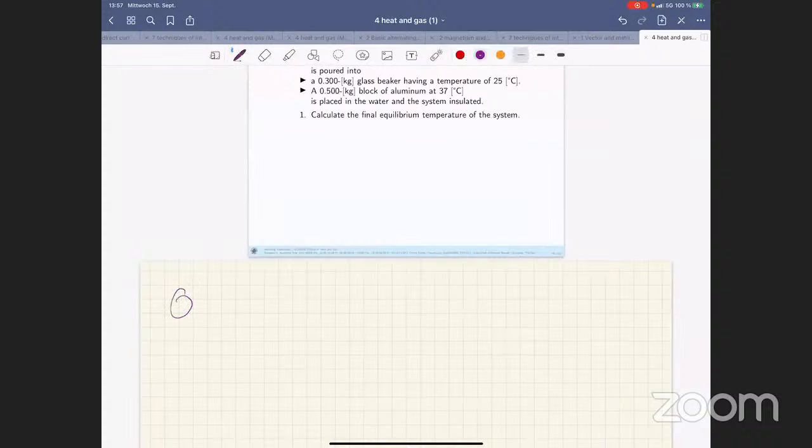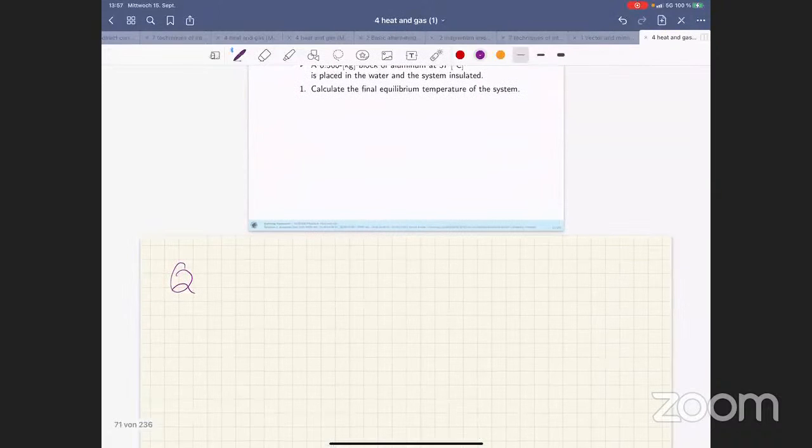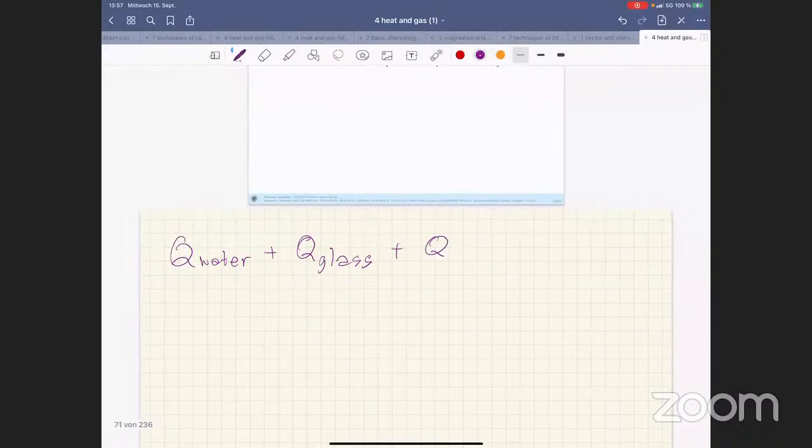You pour the water into the glass and you put the normal aluminum in. Heat of water plus heat of glass, and plus heat of the aluminum, Al, equals 0, like that.